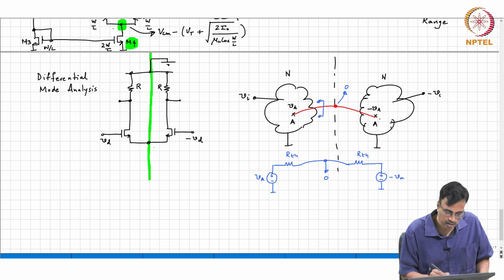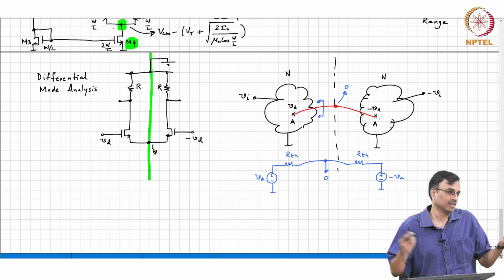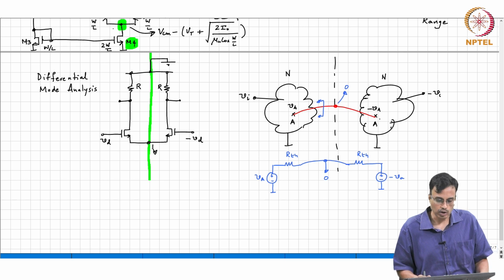So, based on our discussion just now, what comment can we make about that common source node? Why is it called common source node? The source is common to both sides. So, what comment can we make about the incremental voltage at the common source node? It will be 0. Okay.